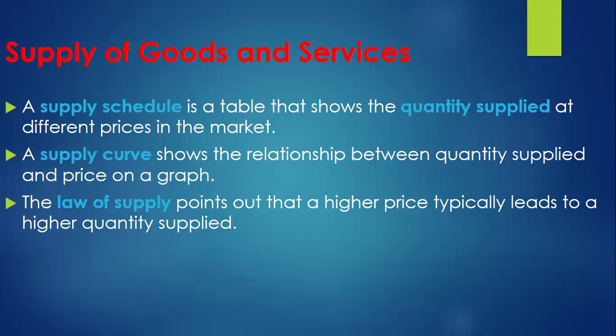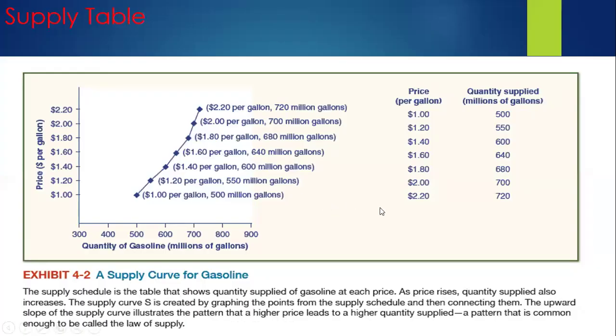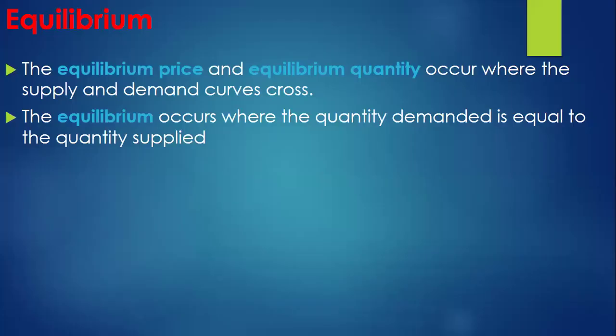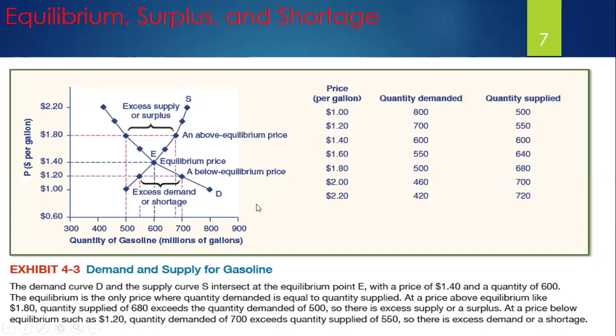Same thing in the supply. We've got a table, we've got a curve, and the curve reflects a direct relation between prices and quantity, and it slopes from right to left. And finally, we've got the equilibrium price, a point where the price, demand, and quantities are equal.